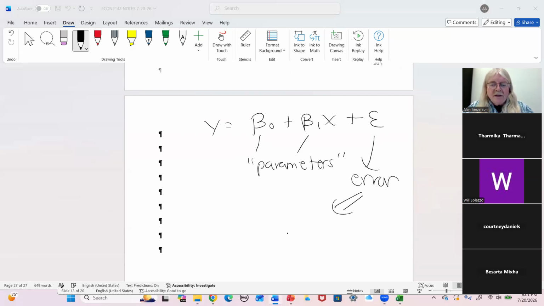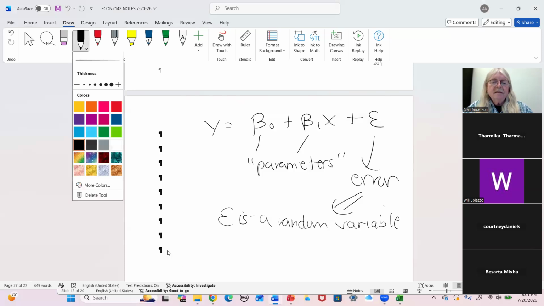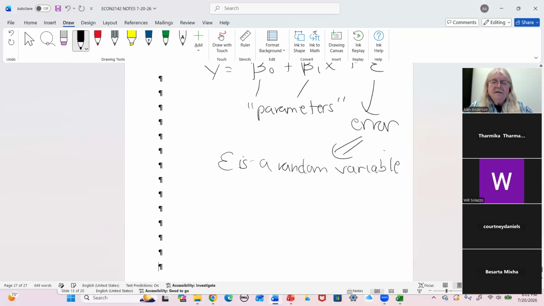Now, they do make an interesting point here. We'll get back to this in a bit, but epsilon is a random variable, which we introduced way back in stats 1. And that implies that epsilon follows a probability distribution, which happens to be normal.